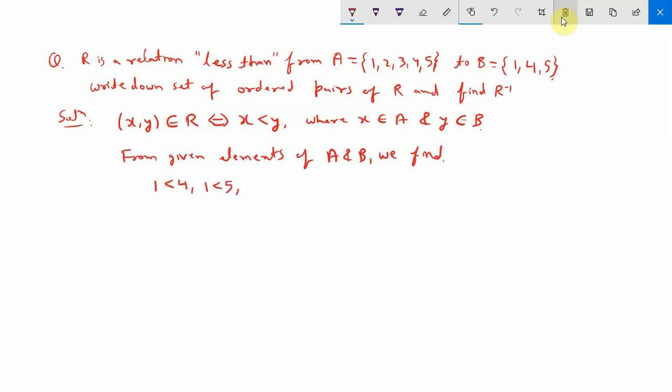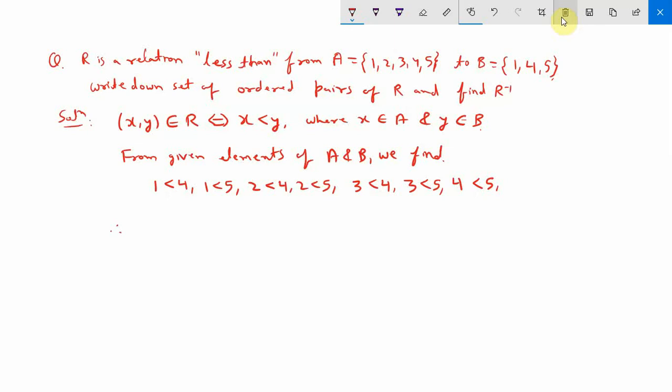Okay. Next we will check with 2. So 2 is less than 4 and 2 is less than 5. Then we will check with the third element 3. 3 is less than 4 and 3 is less than 5. Then we will check with 4. 4 is less than 5.